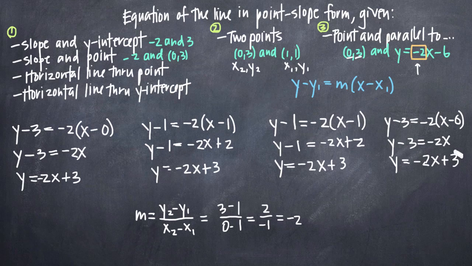But notice how no matter what piece of information we're given, we can quite easily get the point-slope form of the line, and we can quite easily transform any of those into the slope-intercept form of the line. And no matter which method we use or what information we're given, we always end up with the same result.